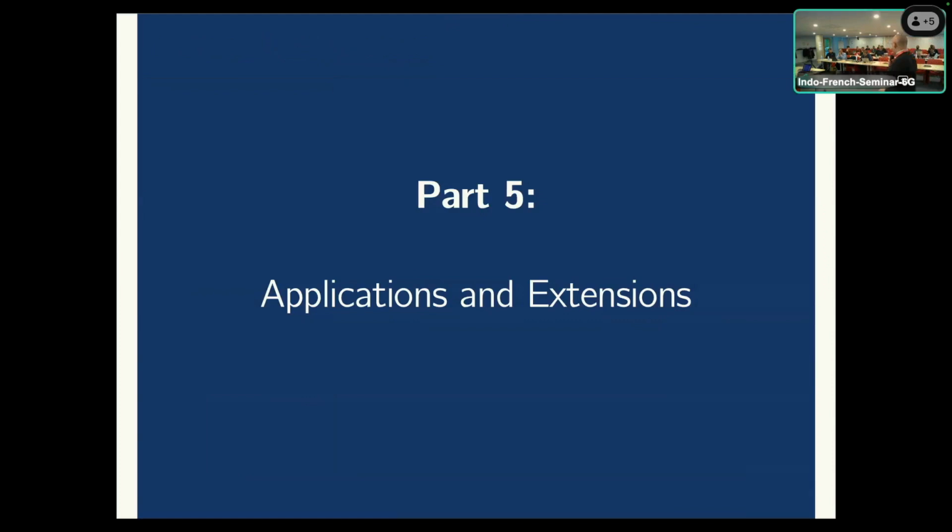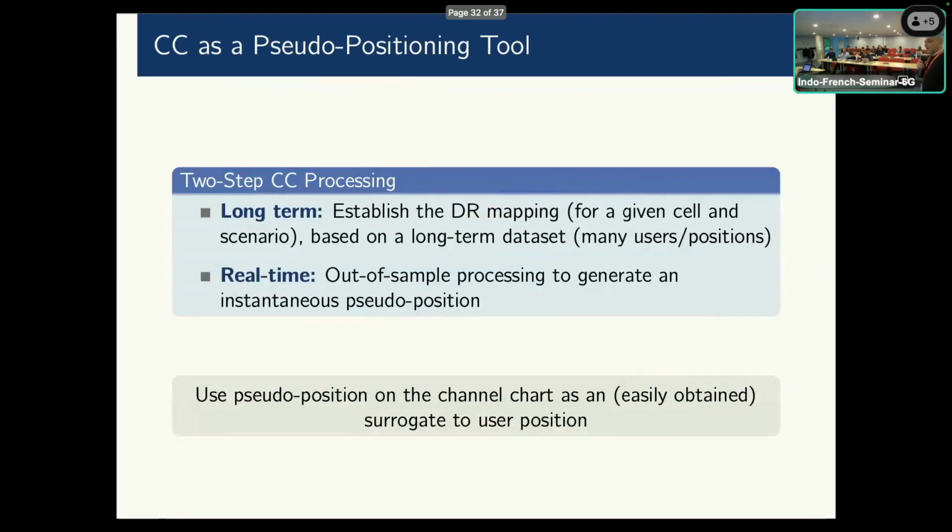So, I hope I can have a few more minutes to conclude, but I want to discuss what we can do with these methods. The applications. Essentially, one thing that we have in mind is to use channel charting as a pseudo-positioning tool. The idea is to have a 2-step process. The first one is a long-term process, and is the one I have just described. You collect a lot of data, you apply dimensionality reduction.